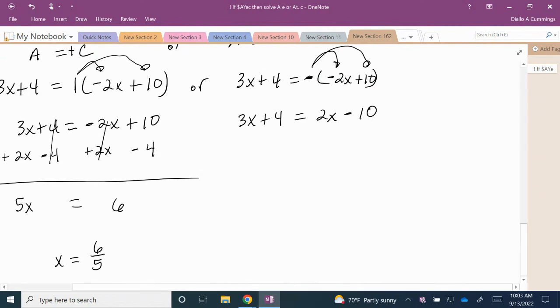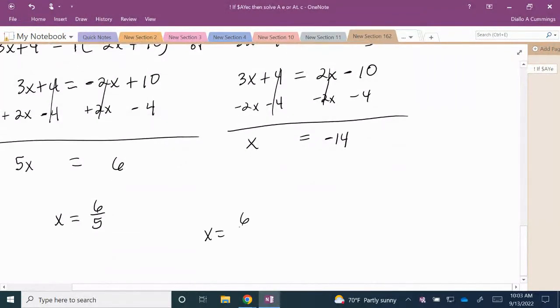Right, so I'm going to subtract 2x from both sides. I'm going to bring down my equal, and the 2x's cancel. I'm going to subtract 4 from both sides. Right, so the 4's are going to cancel on the left-hand side. Negative 10 minus 4 is negative 14.